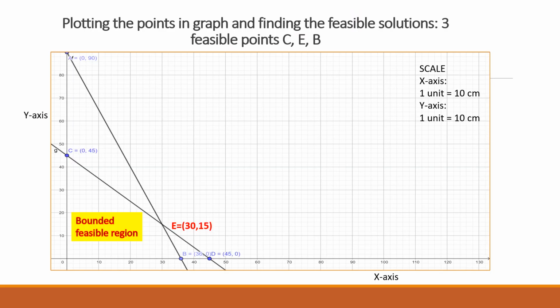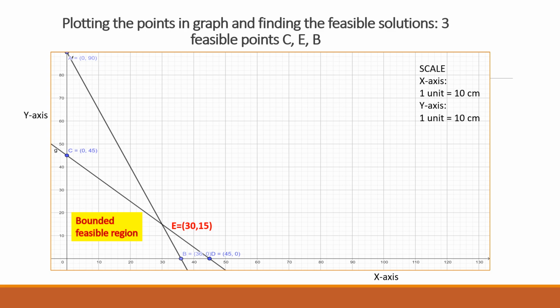So here the graph is plotted with the unit: 1 unit is equal to 10 centimeter, both in x-axis and y-axis. On plotting A and B, we join A and B, 0, 90 and 36, 0, and join C and D. C is 0, 45, D is 45, 0.